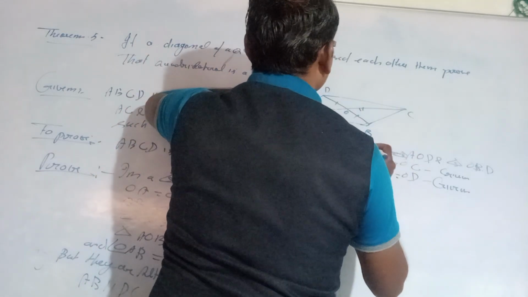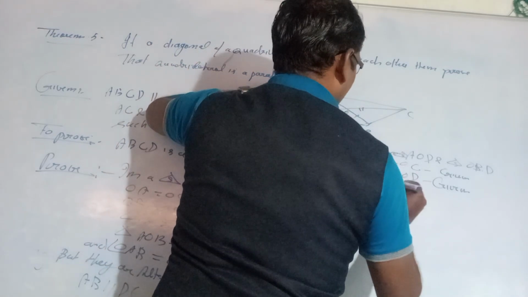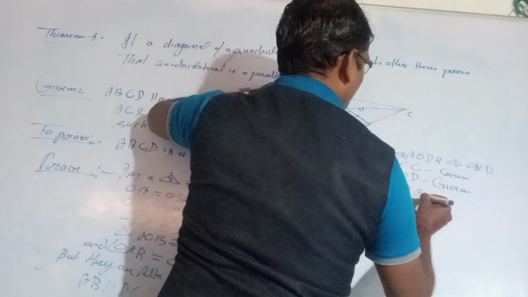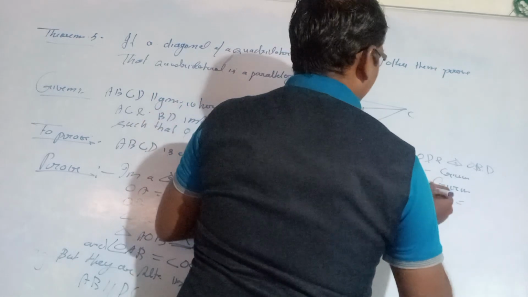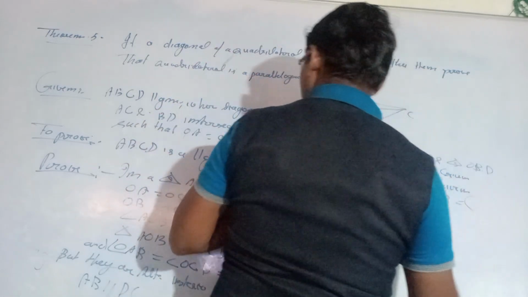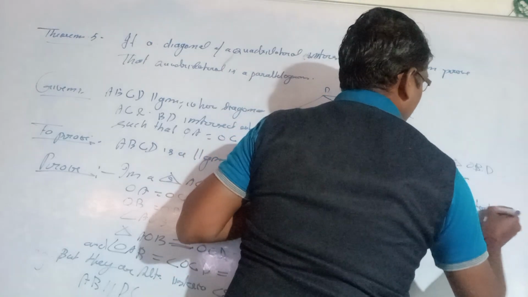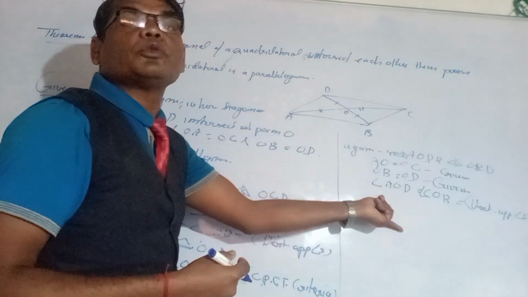So angle AOD is equal to angle COB. Why? Vertically opposite angles. These are vertically opposite angles.